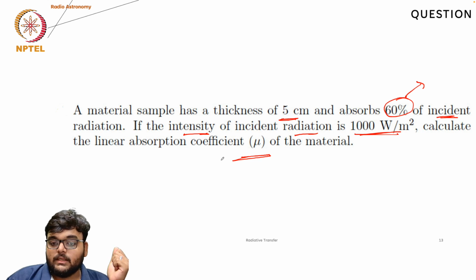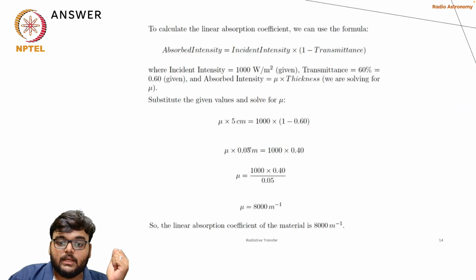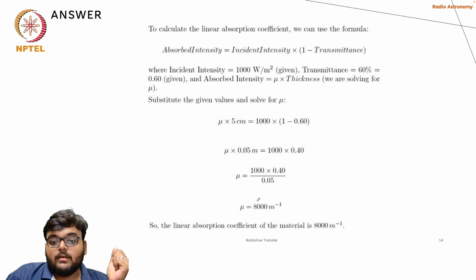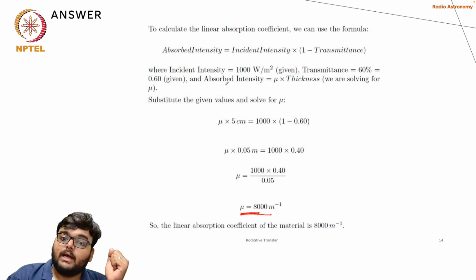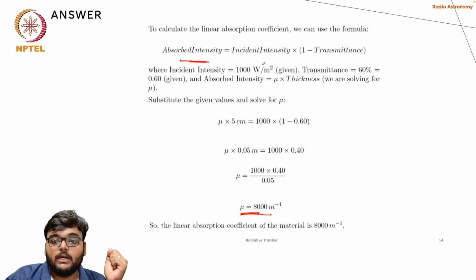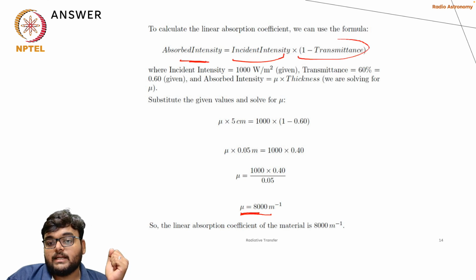So the answer to this question will be 8000 per meter. Absorption coefficient of 8000 per meter. By using the formula, the intensity absorbed will be the incident intensity into 1 minus the transmittance. Transmittance is 60% only. The incident intensity is given in meter square.